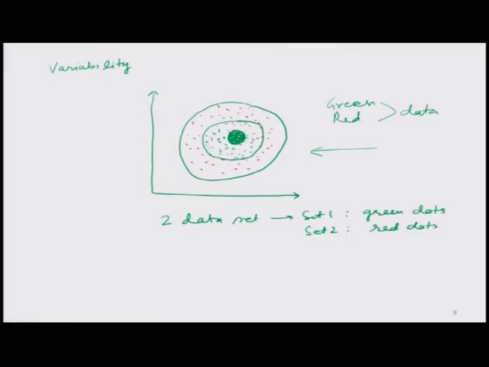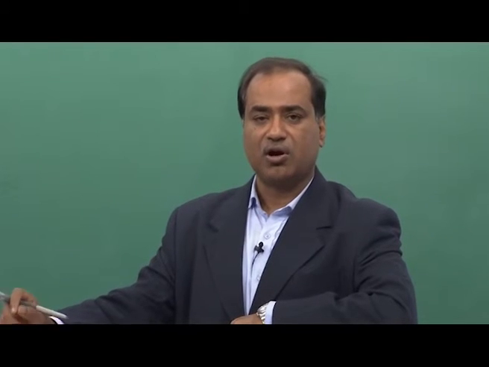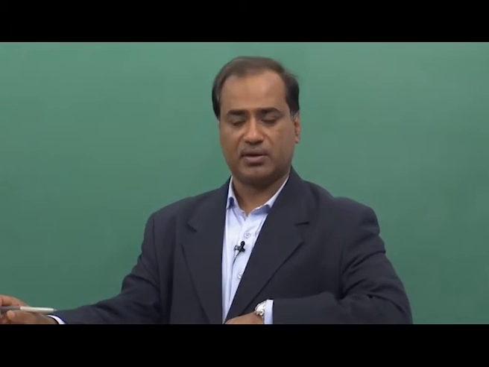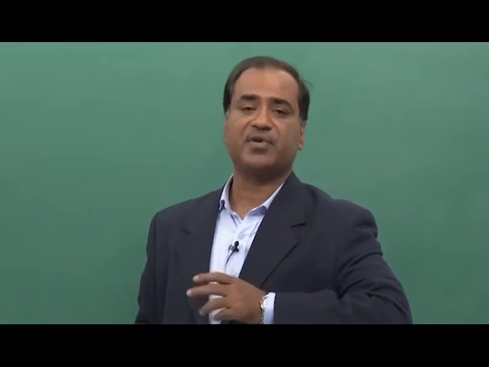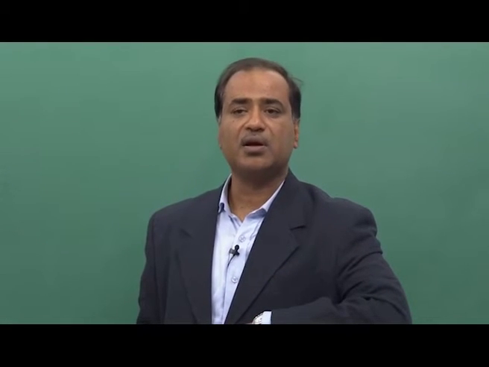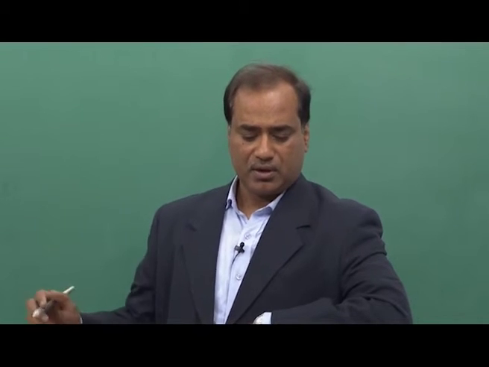For example, all the values in the green dot, they are scattered only inside this circle, whereas the values in the red dots are contained in this bigger circle. So this is the property which is called scatteredness of the data, and we would like to quantify it. And in order to quantify it, we have different types of functions, and by those functions we try to measure the variability, right.